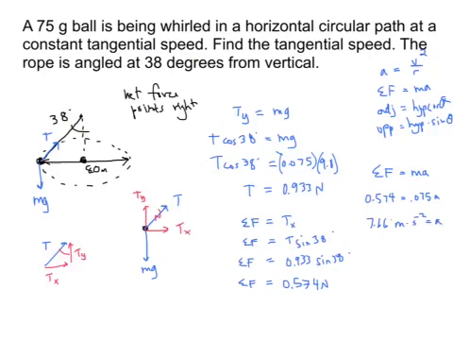Okay, now that we know the acceleration, we can use the centripetal acceleration equation, v squared over r, to find v. V, we easily see, is the square root of the acceleration times r. So the acceleration is 7.66, and we multiply that by r, which is what?